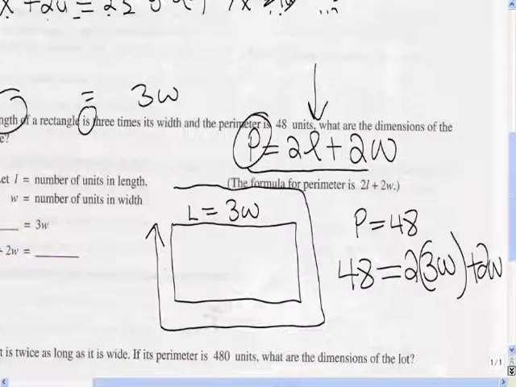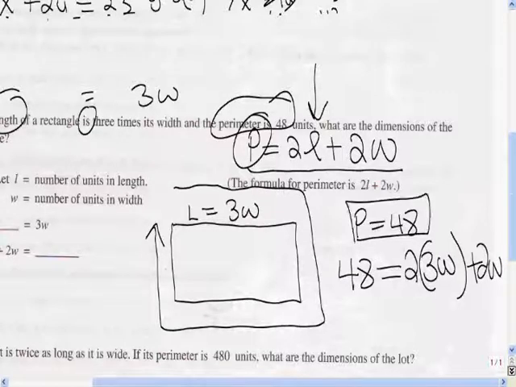Since this is the formula for perimeter, and they tell me what the perimeter is, I start plugging in numbers. They tell me P equals 48, so wherever I see P, I write 48. And in the word problem, they tell me that L is the same as 3W, so wherever I see L, I write 3W. That's why I wrote 2 times 3W. And then part of the formula is plus 2W, so I write the plus 2W.